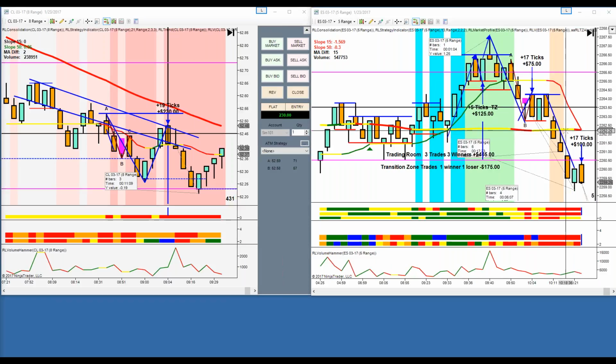Just like here, I was hoping we'd get a break in the 50, but it kept bouncing and bouncing. So even though you have triple quants, you can never be sure you're not going to get a bounce, get stopped out, and then the continuation. So we traded conservative. We only traded 2 contracts and 2 contracts. We got 17, 17, and 19.